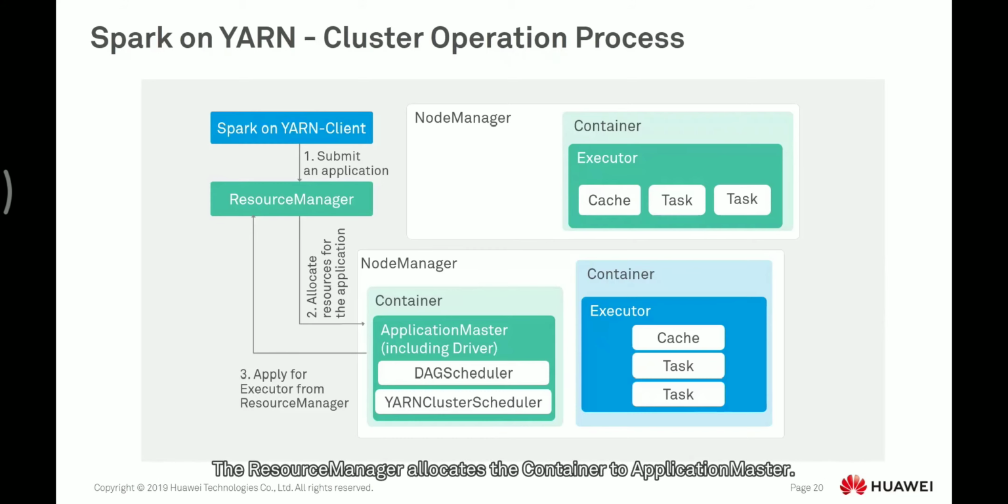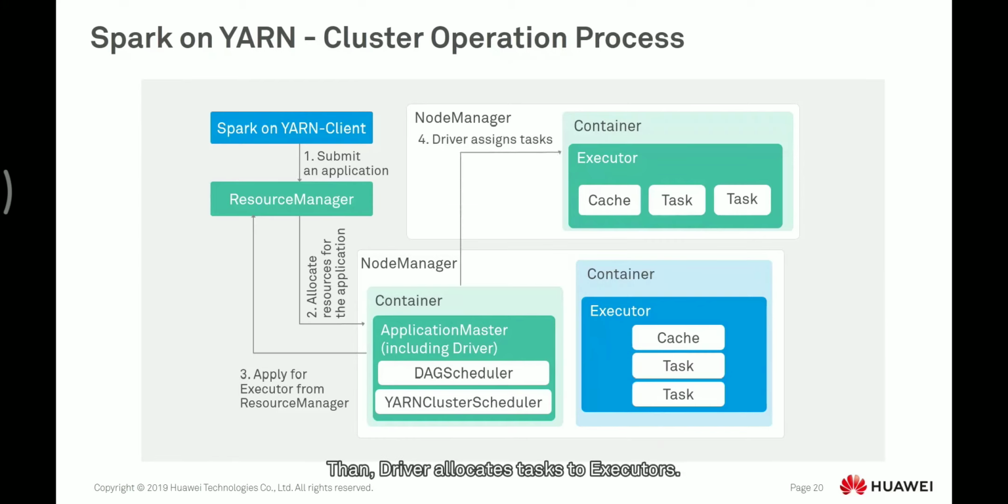The Resource Manager allocates a container to Application Master. Application Master communicates with the related Node Manager and starts Executor on the obtained container. After Executor is started, it registers in Driver and applies for tasks. Then, Driver allocates tasks to executors and executors do the jobs and report the status to Driver.